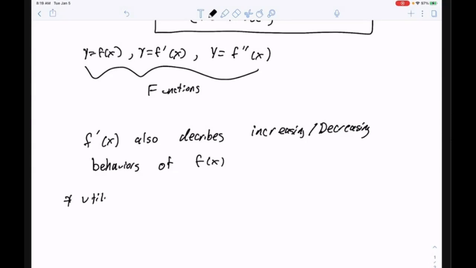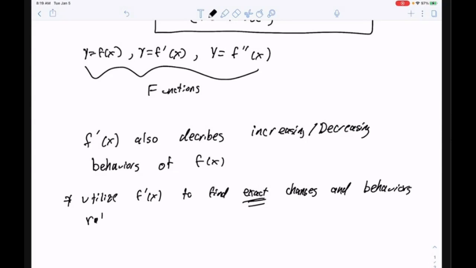We utilize f prime of x to find exact changes in behaviors rather than just eyeballing the f of x graph.